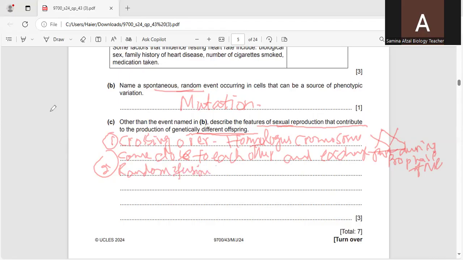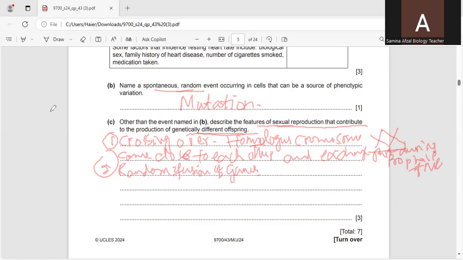Random fusion of gametes. And students, many potential eggs are present in the ovary at the time of the birth of a baby girl. And the same is the case when, as a result of sexual intercourse, many sperms are produced, and randomly, out of thousands of those sperms, only one sperm is able to enter into the egg to fertilize it.